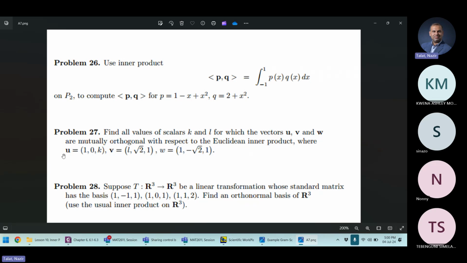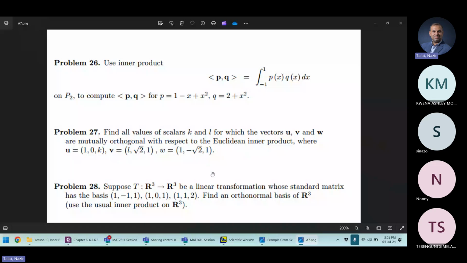What we need to do is take u dot v equal to 0, take u dot w equal to 0, take also v dot w equal to 0, and this gives you three homogeneous equations. When you solve them, you will get the values of l and k for which this makes it orthogonal.